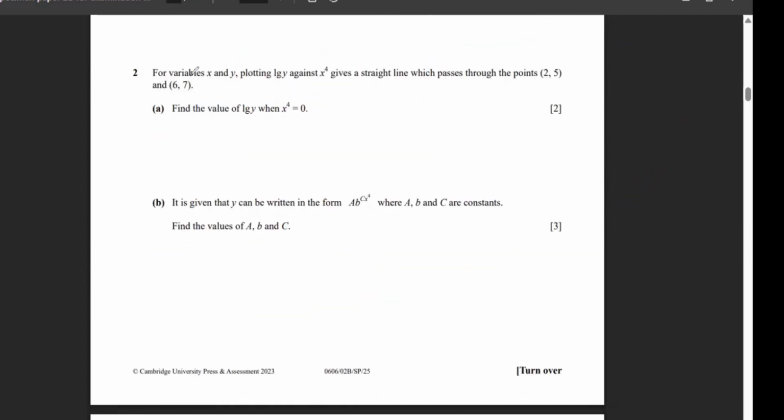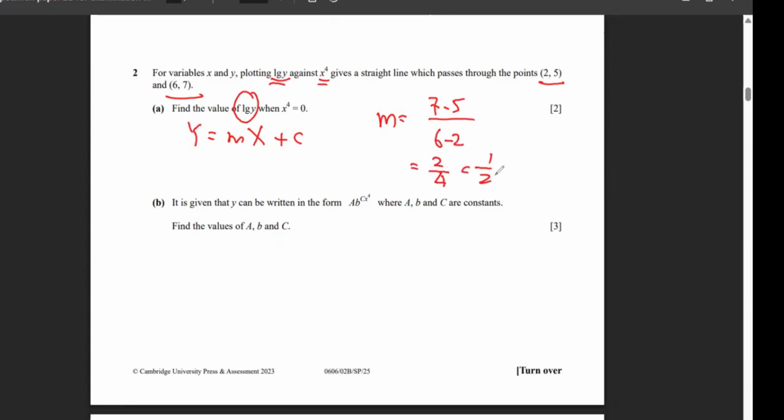Question 2 is a straight line equation. They say log y against x power 4 gives you the points of these and these. Find the value of log y when x power 4 equals 0. To form this straight line equation, we know always y equals mx plus c. We need to find what m is first. The gradient is again y minus y over x minus x. So it's half.